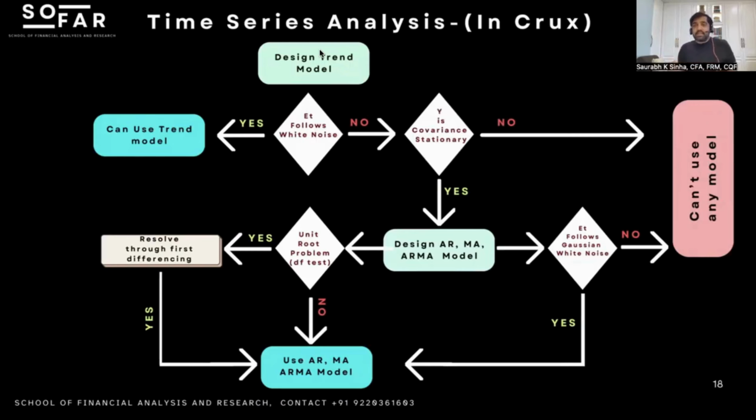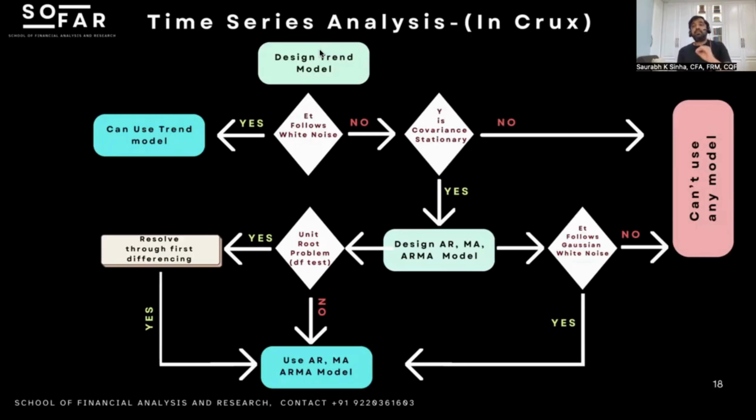So this is the essence of the discussion. We'll start with this crux, this flowchart. And if you understand this flowchart, you will never struggle with time series analysis. The best part is you try to write this flowchart at your own level in a notebook and revise it for the next 2, 3 days. That's it.